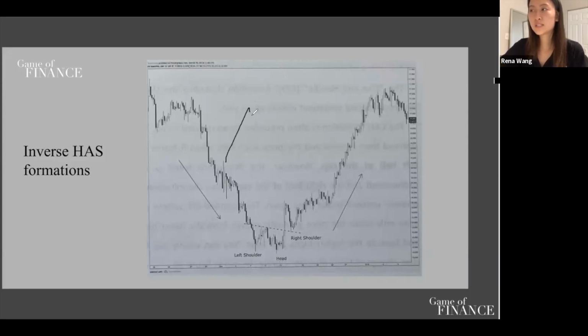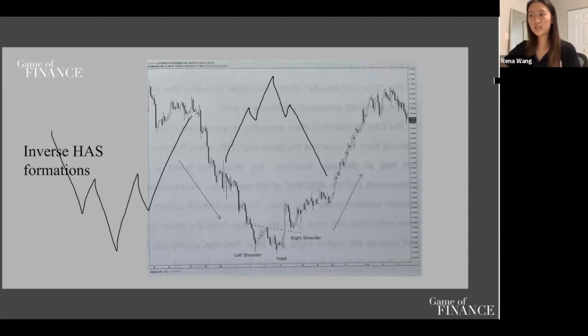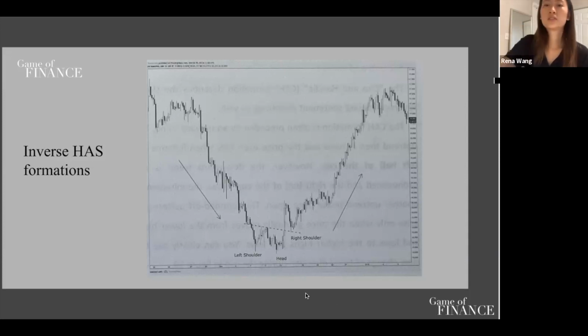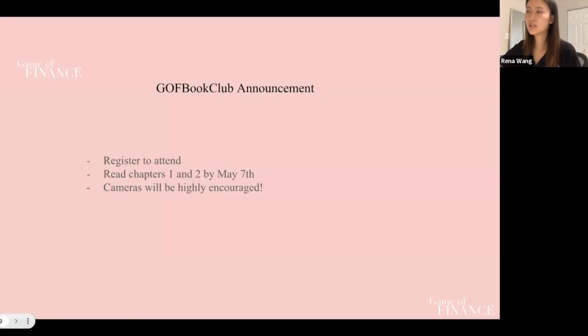But if you do see a clear head and shoulder formation within the stock market, that gives you a very high possibility of making money during the trend reversal. Okay, so this is the end of the head and shoulder formation introduction.